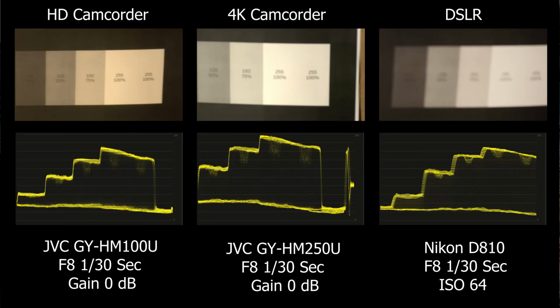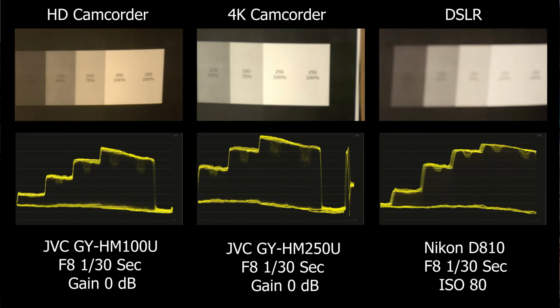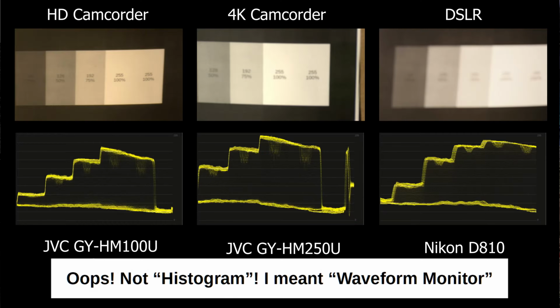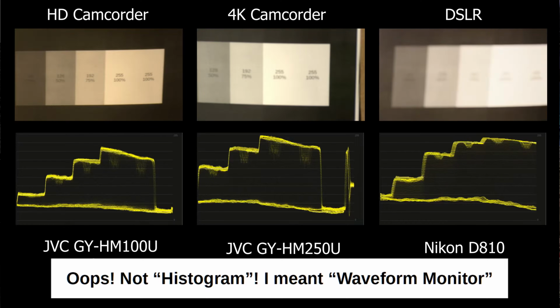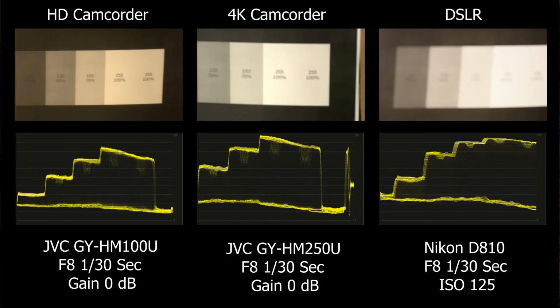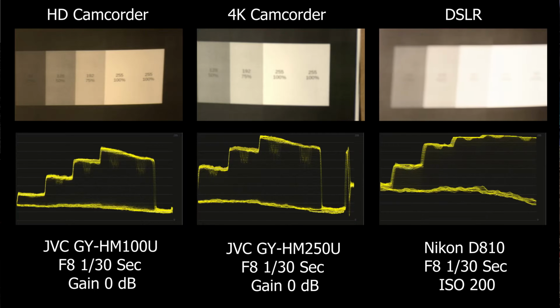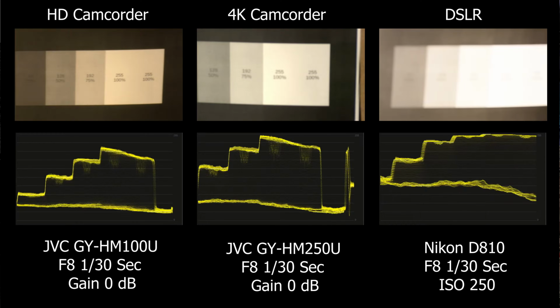And you can see as they're set up, the brightest parts, which are here, are very close to the top of the histogram, and those bright areas correspond to the big white area in my test image. Now, the HM200, the 4K camcorder, that top area is just a little bit higher than the one for the HD camcorder, the HM100.